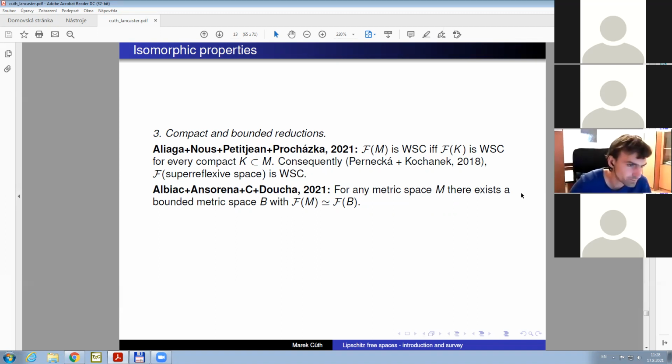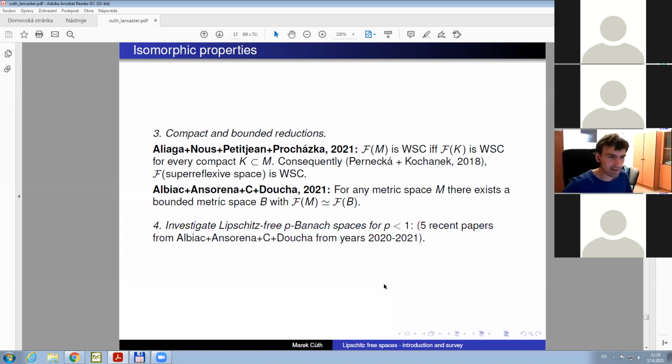So we don't know whether we can, for example, at least for Banach spaces, replace bounded by compact. This would be a compact reduction of the optimal form somehow. However, this metric space B is not a subset of M. It is just some metric space. Okay? So those are some results.